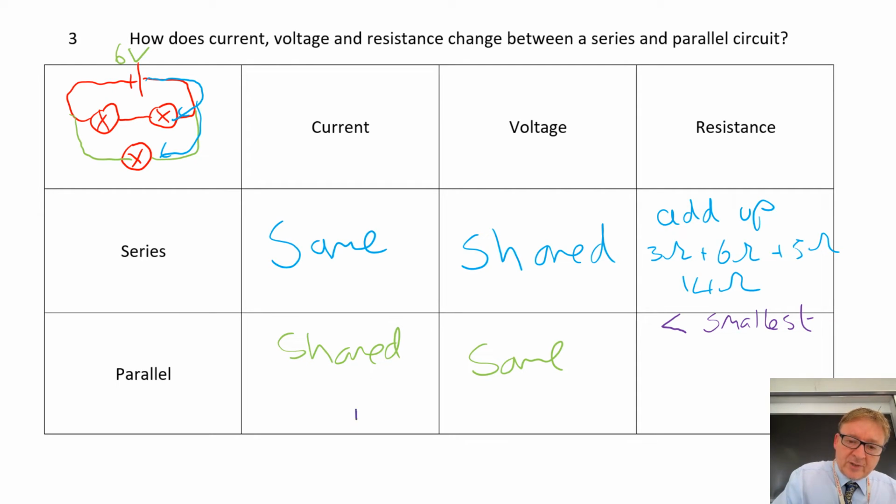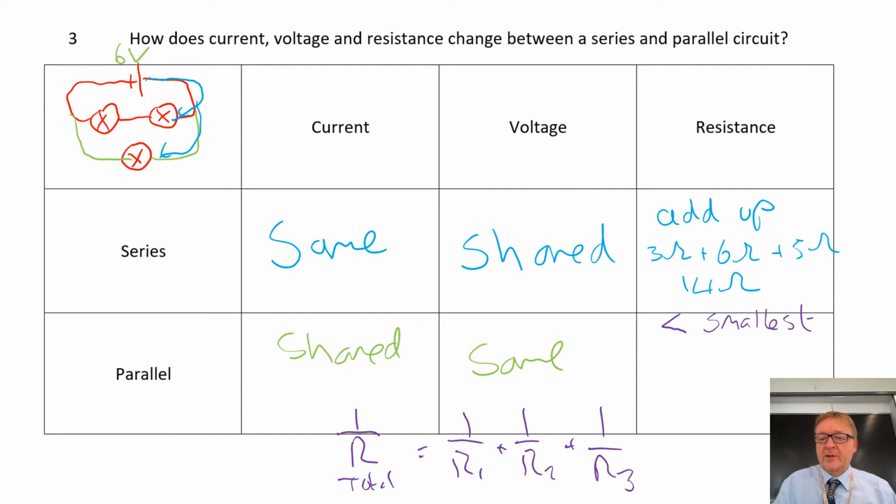But it can also be written, I'm just going to do it down here: 1 over the resistance total equals 1 over resistance 1 add 1 over resistance 2 add 1 over resistance 3. But I've got to be honest, the best way of actually talking about this is it's less than the smallest.